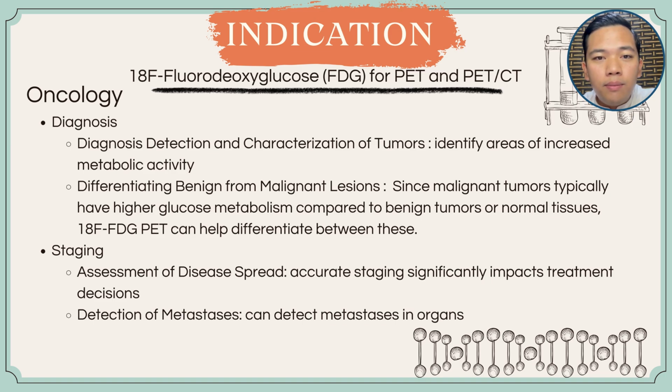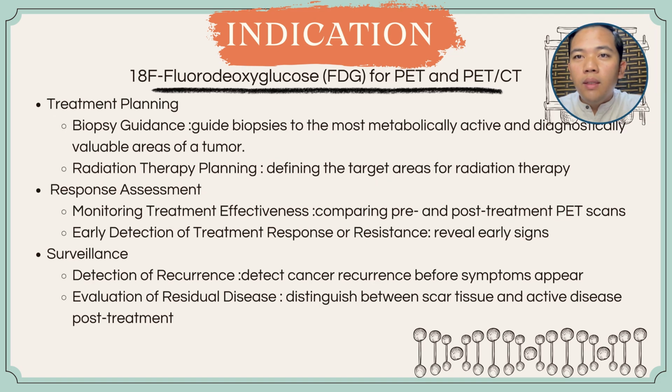So last but not least, for the detection of metastasis, the PET scan can detect mets in organs like the liver, lung, bone, and lymph nodes, which might be missed on conventional imaging. So next is the treatment planning.